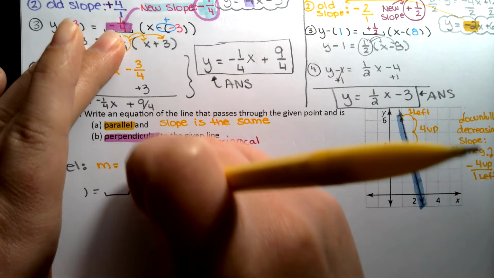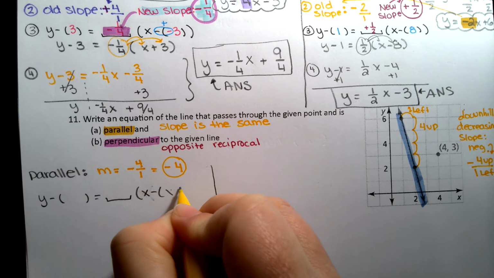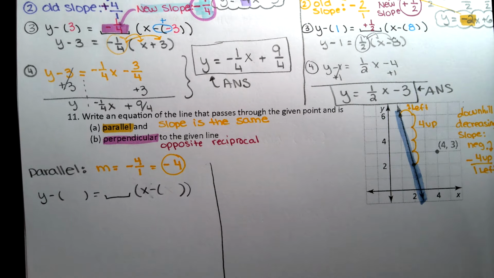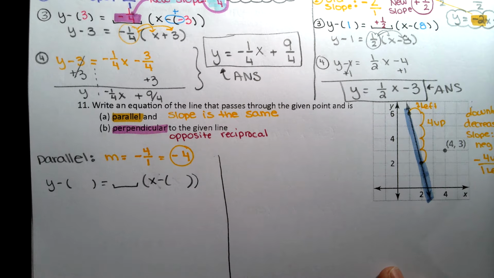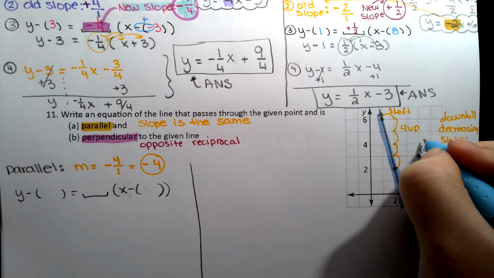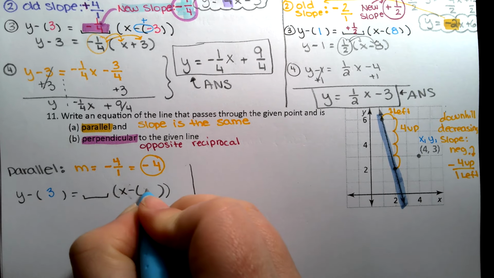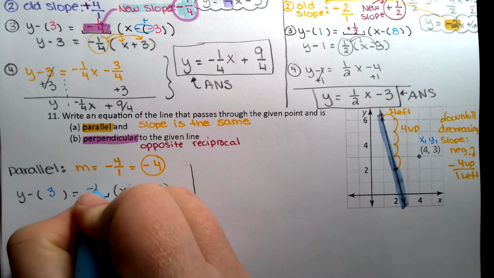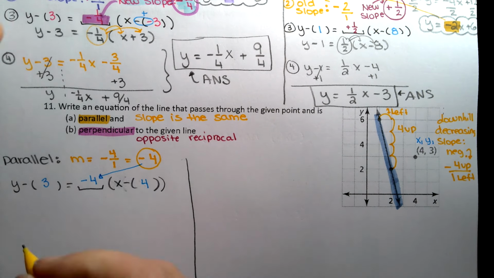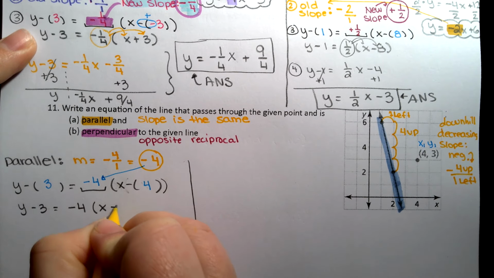Let's try this again. I'm trying to do two things at once here. Let's go ahead and not do that. Anyways, now they did give us a point. Here's your point of x1, y1. So y1 was 3, x1 was 4. The same slope is negative 4. We get y minus 3 is equal to negative 4 open x minus 4.